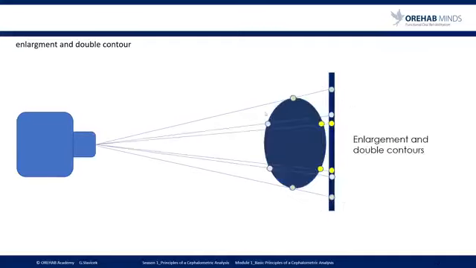Because of the projection, we have double contours. But these double contours are often helpful to identify anatomical landmarks. So that's a disadvantage of the technique, but an advantage in localizing anatomical structures.